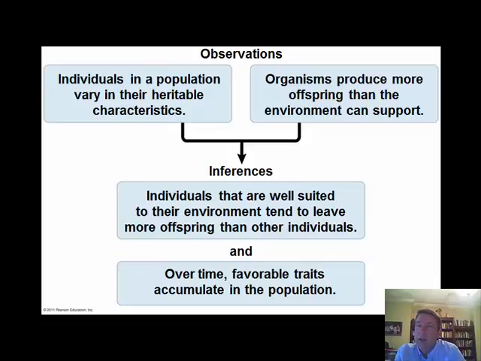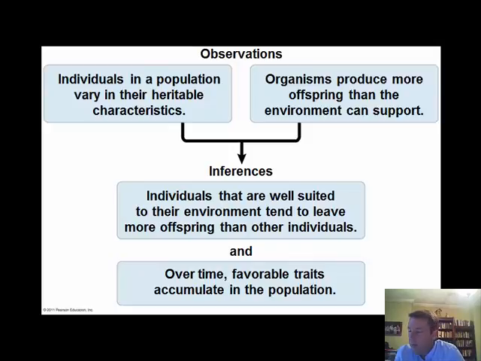The inference is that the individuals that are well suited, and by that they mean they have the traits that will allow them to survive, are going to survive, and those that do not have those traits will die out. And so over time, you'll see more and more of those favorable traits accumulate in the population.